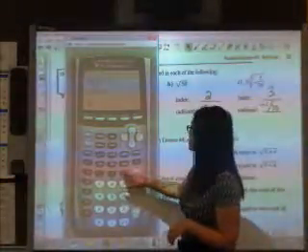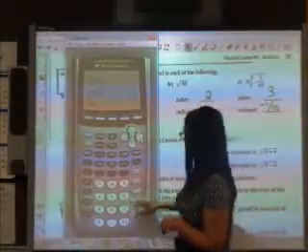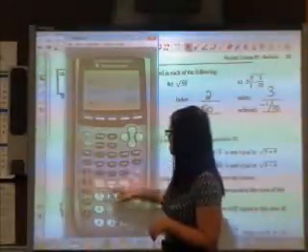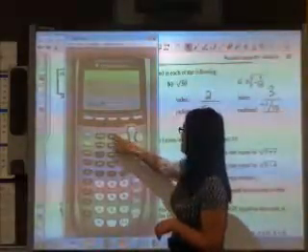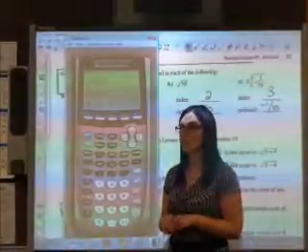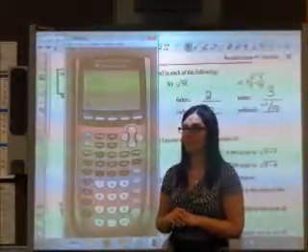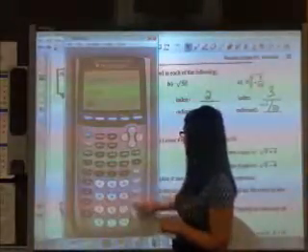Square root of 9, which is 3, plus the square root of 4, which is 2, equals 5. What's 9 plus 4? 13. And what's the square root of 13?